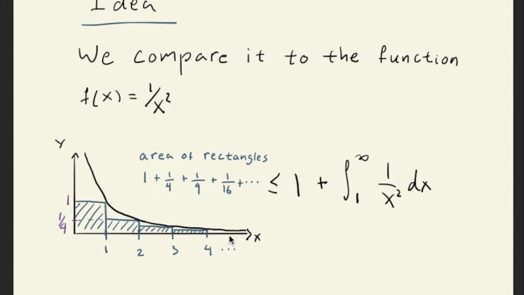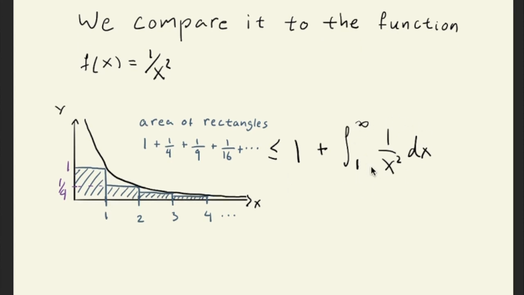Now all the other rectangles, 1 over 4 plus 1 over 9, 1 over 16, you can bound those areas of those rectangles by the integral from 1 to infinity. And now this integral we know converges. 1 is a finite number, so this is a finite number.